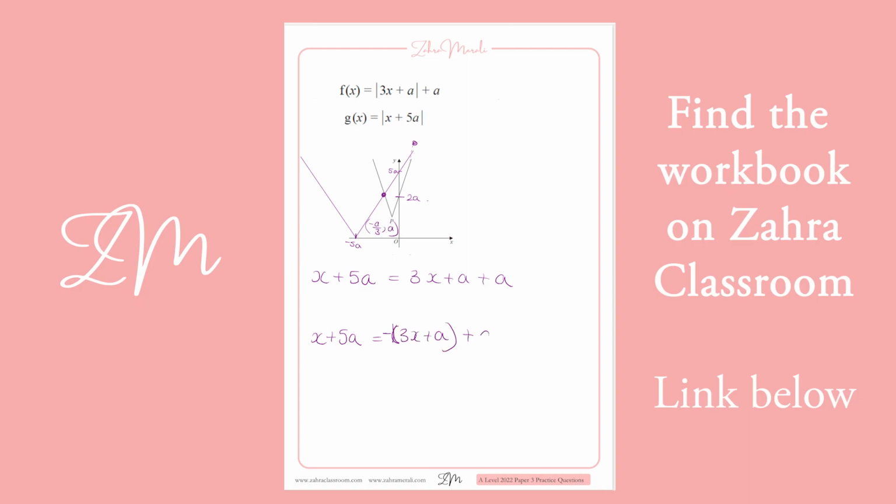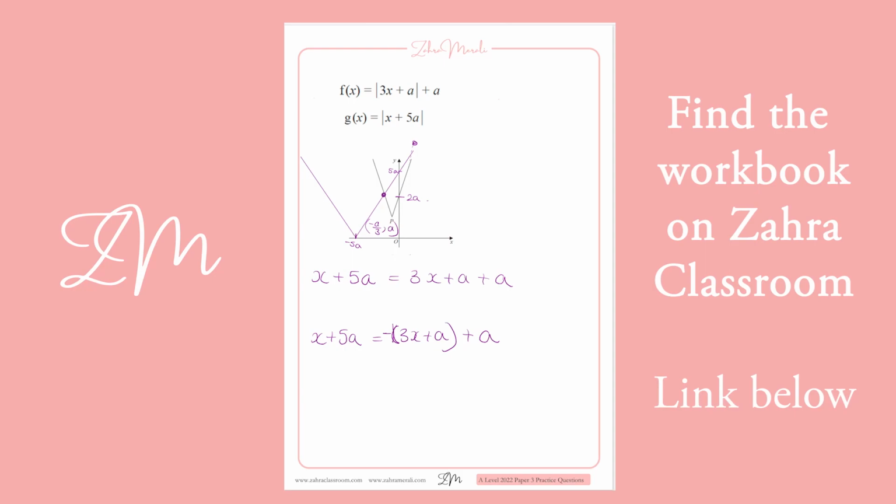Now if you didn't see it, you could consider all 4 options. So here we have gx positive, fx positive, gx positive, fx negative, and so on. You would see that some of the answers just wouldn't work if you plugged them back into both of them.